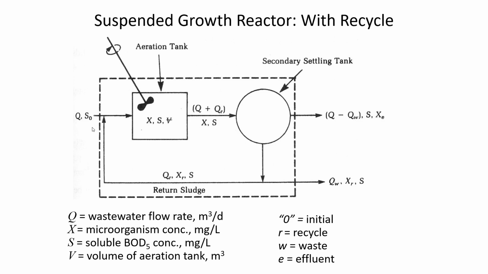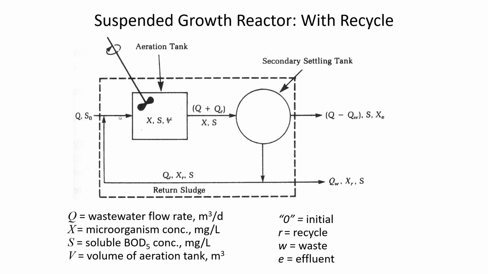So when we recirculate sludge, we can increase the concentration of microorganisms. And so that means there's a lot of hungry bacteria breaking down the BOD much faster than if we were just relying on the amount of bacteria that are normally present in wastewater. So we're like inoculating the aeration basin with the return sludge.